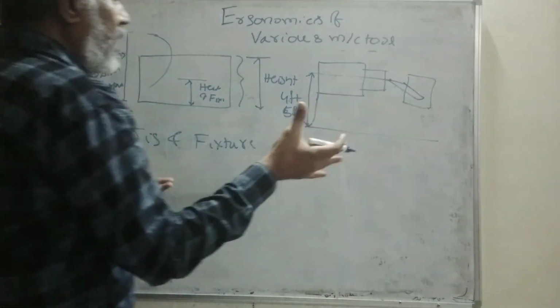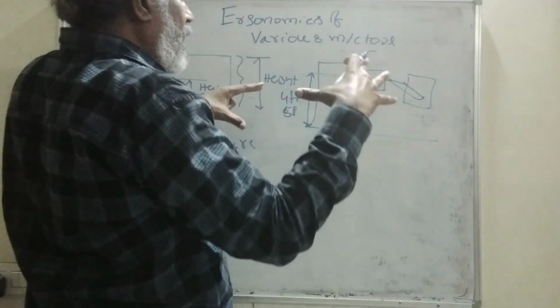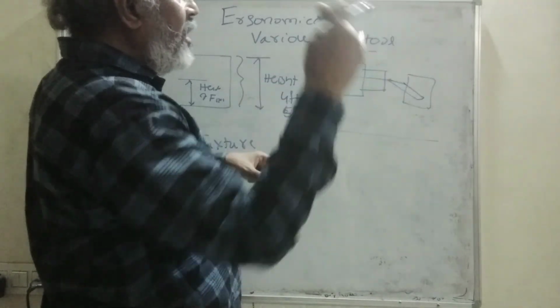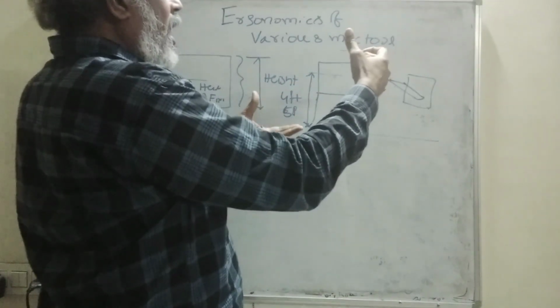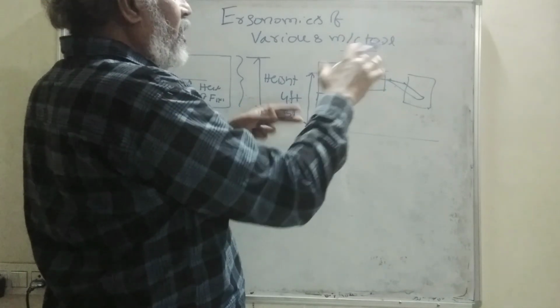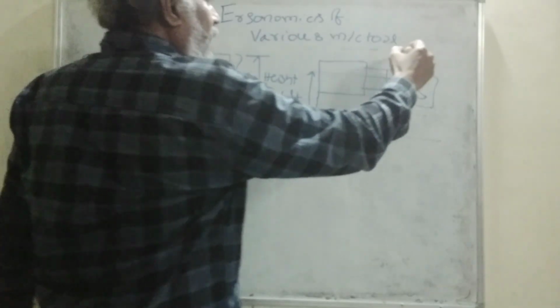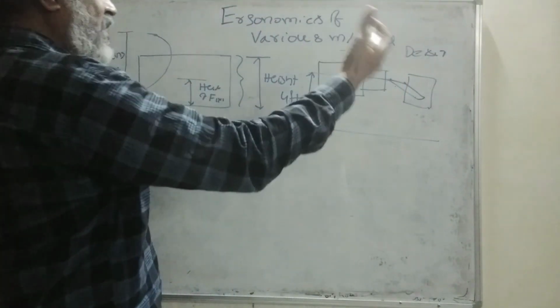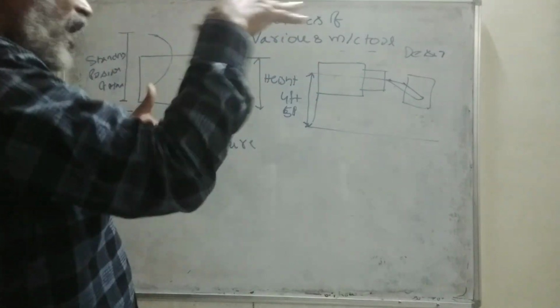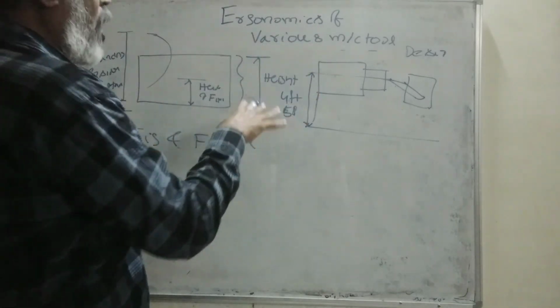Normally, for the final dimension, we will apply the load on the workpiece, and the machine should resist this load and should not fail because of it. That is a design criterion. So we calculate the dimensions as per the design criteria, and these dimensions should fit the ergonomic dimensions.